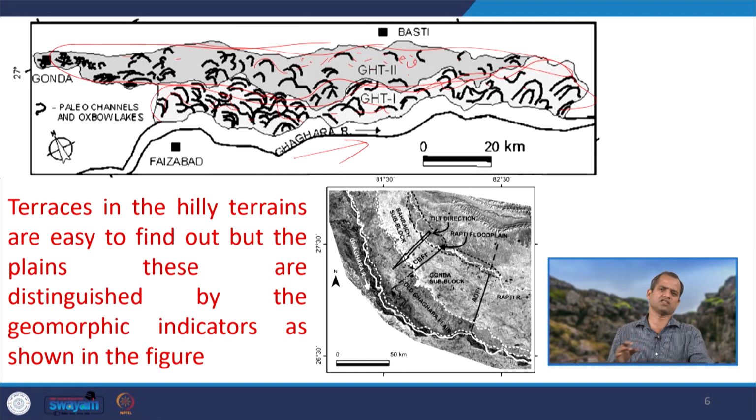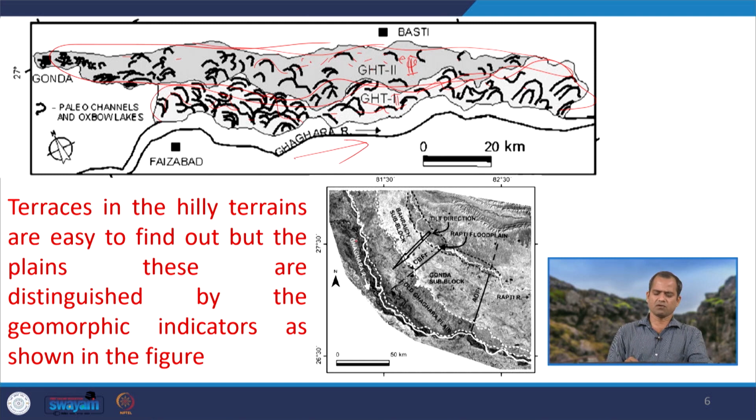So, it is more or less the same. That is why the high degree of soil development here compared to there represents more time of exposure to the atmospheric system. So, based on these geomorphic characteristics and soil properties, we can identify different types of terraces, particularly in the alluvial plain.